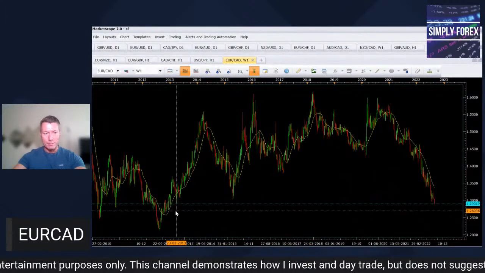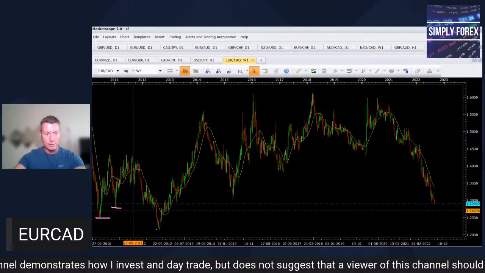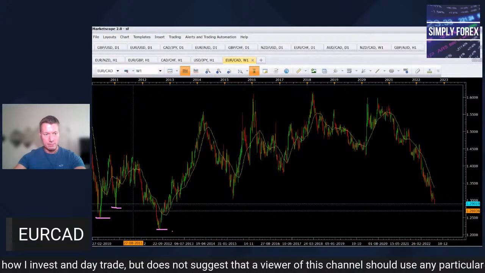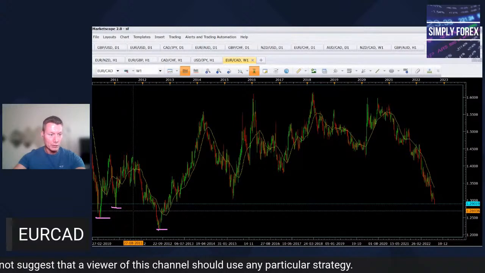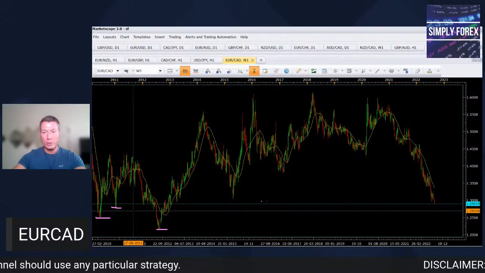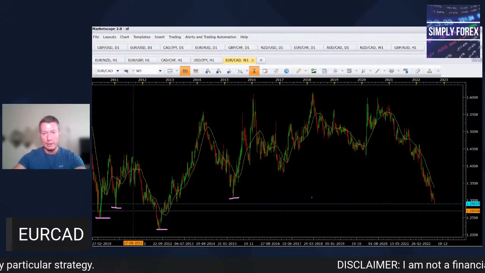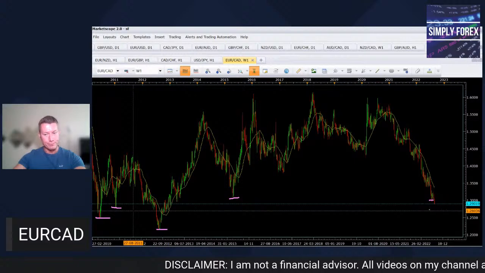So potentially here. That's the only logical place I can see. And this is 2012, 2010. So we have to go back quite some distance. This was obviously an area that corresponded here, but it's been broken.